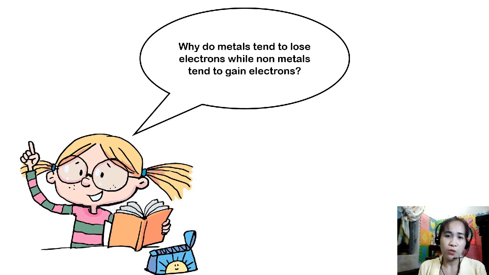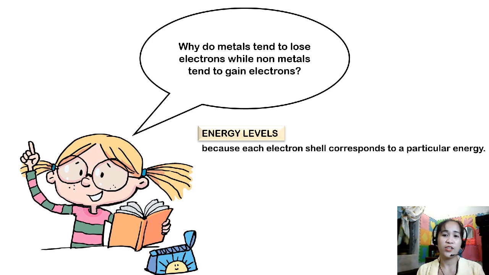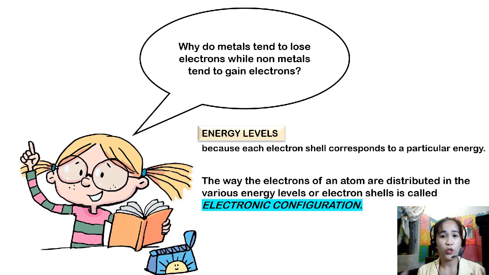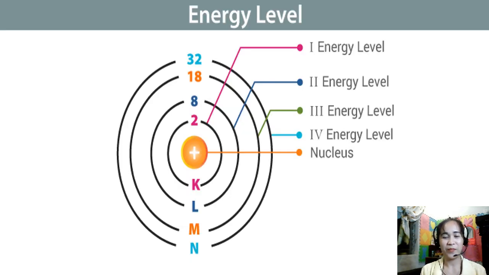These are also called energy levels because each electron shell corresponds to a particular energy. Each electron shell can hold only a certain number of electrons. The way the electrons of an atom are distributed in the various energy levels or electron shells is called the electronic configuration.